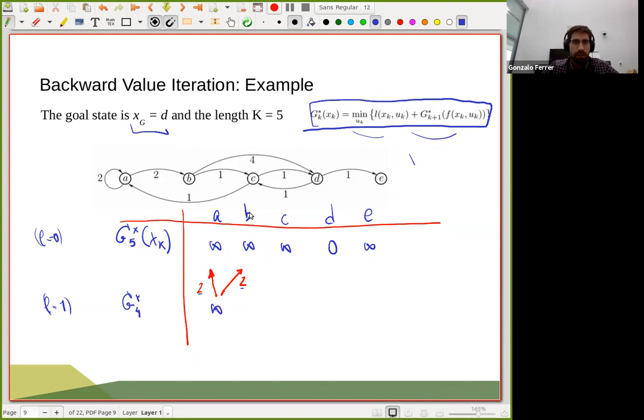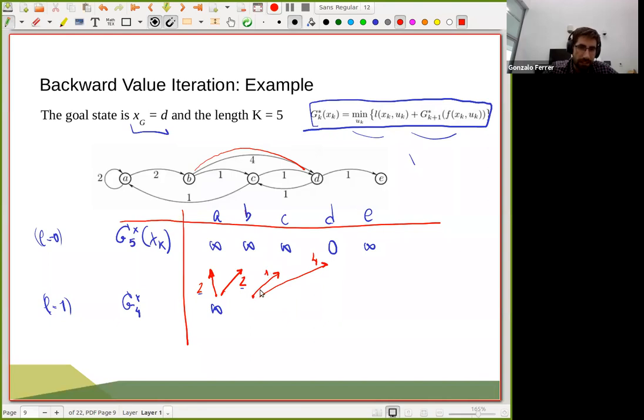Okay, let's go to B. B has other possible actions. From B, we go to C with cost 1. And from B, we can also go to D, with cost 4. Let's analyze this.